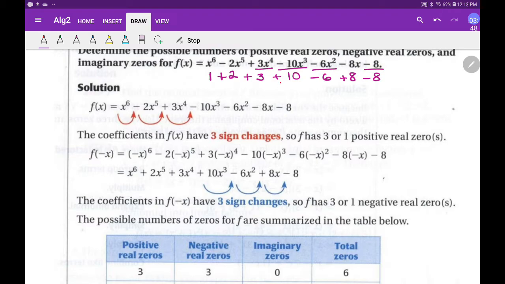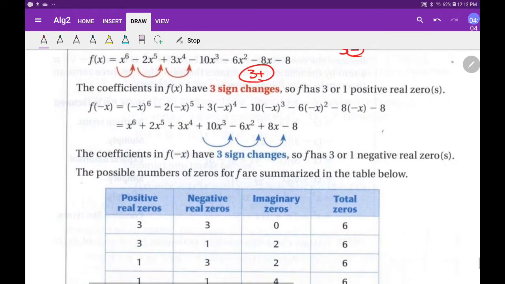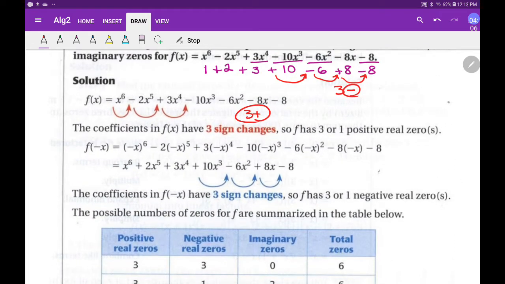Okay, so how many changes happened here? Well, I went from positive to negative, from negative to positive, and back to negative. So that's 3 negatives. And we already said there were 3 positives. So three positives and 3 negatives, and it could be 3 or it could be 1.